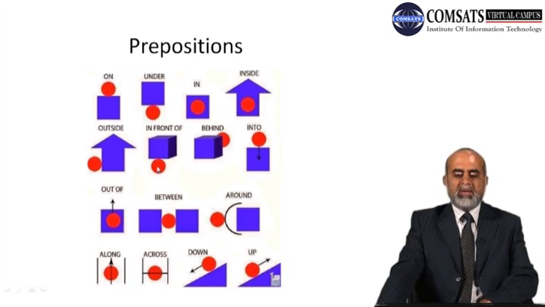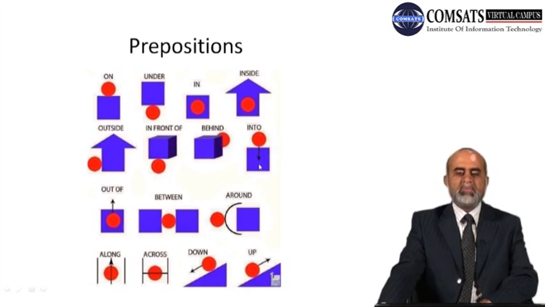The ball is in front of the box. The ball is behind the box. And here you would look at the preposition of movement, the preposition of motion. The ball is dropping or falling into the box. You see a little arrow here?